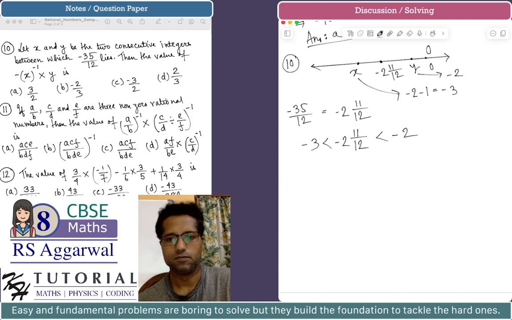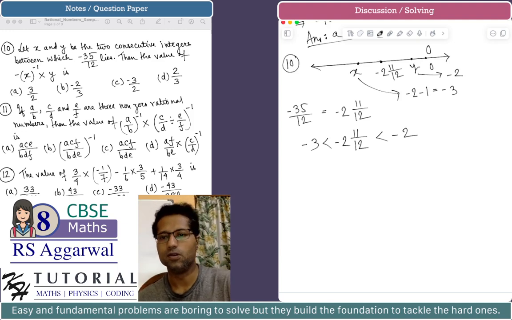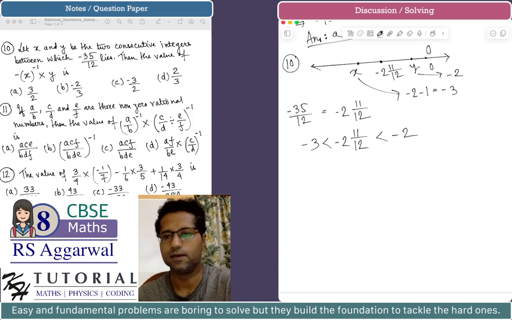Now, we know this for a fact, but how do we know which is x and which is y, whether x is -3 or x is -2 or y is -3 or y is -2? We cannot know. And as the problem is given, we need not know what is x and what is y. We just know that x and y are -3 and -2.